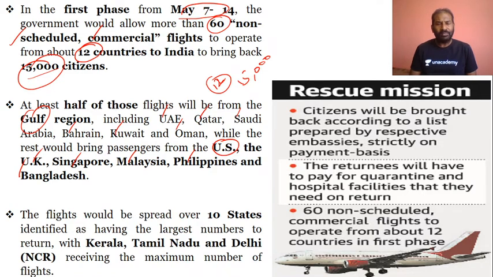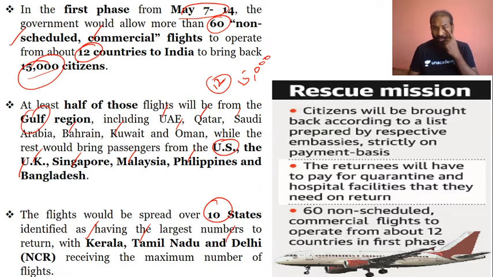They will get them back by commercial aircraft and naval ships, based on the list prepared by the embassies of those countries, on a payment basis, and they have to pay for the quarantine and hospital facilities also. The Indians are from 10 identified states, and the largest numbers are from Kerala, Tamil Nadu, and Delhi.